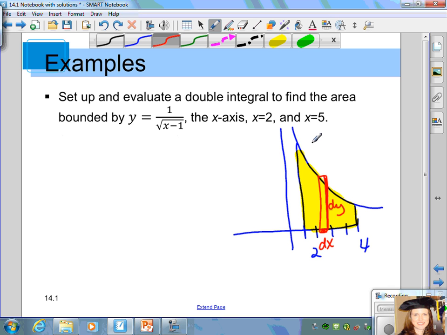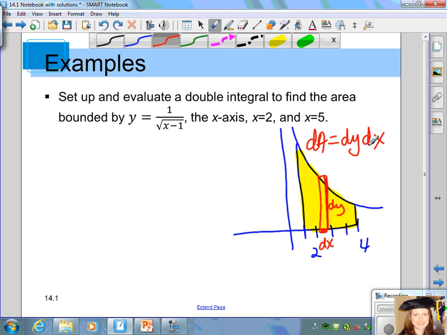We want to find our differential area, dA. The area of that representative rectangle is going to be the length times the width. If you draw the rectangle in this way, make sure you always write your longest differential side first, dy dx. That way the order of integration and bounds of integration are going to be correct.